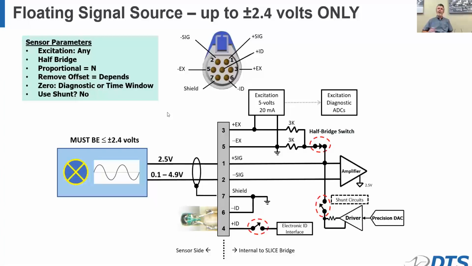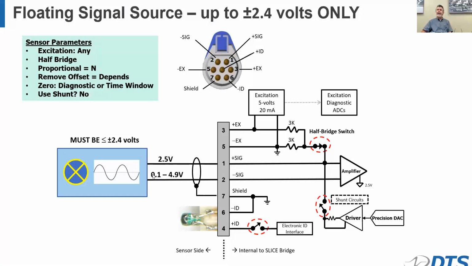Now, what about a floating signal source? Sometimes we're asked, hey, I've got this thing that generates voltage and it's just out in space. Examples of this might be a heat transfer gauge or a battery-powered sensing system, like a temperature probe. Well, again, you make use of the half-bridge completion.